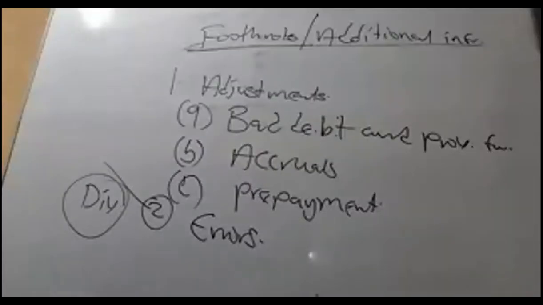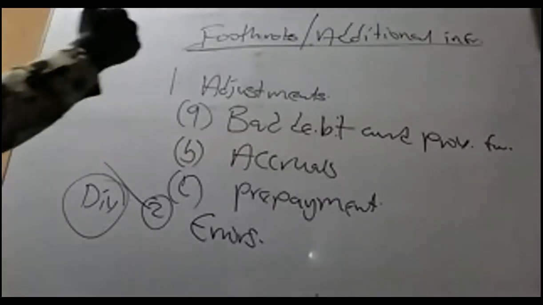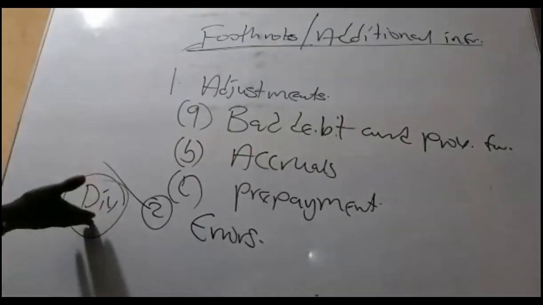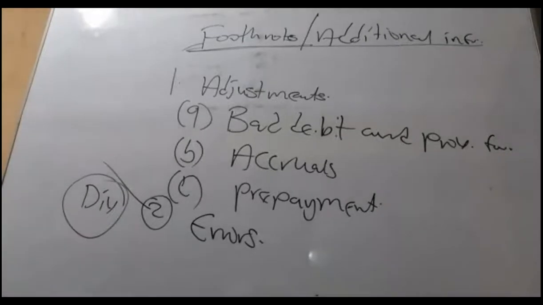You know that dividend is not an operating expense because we've gone through the operating expenses and when we came across the dividend we did not treat it as an operating expense. No, it's an equity item. So go to equity. Good. So that is it.